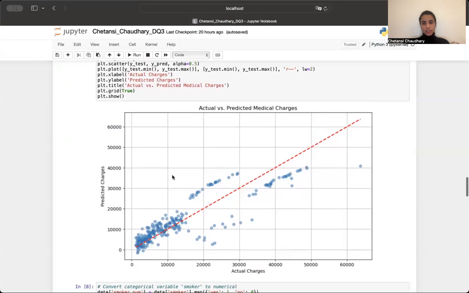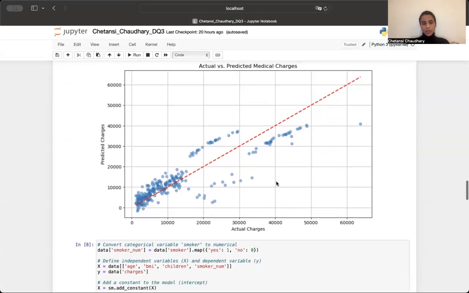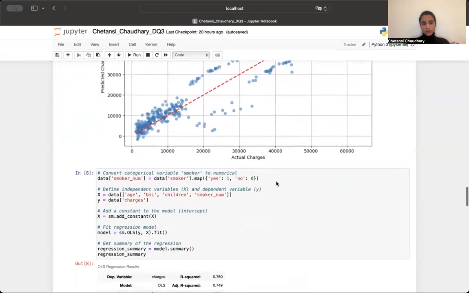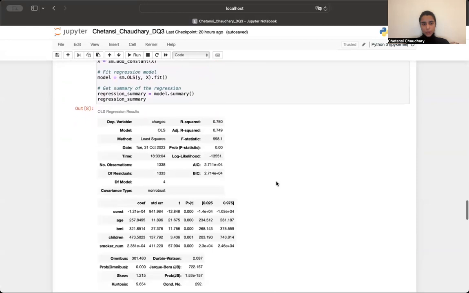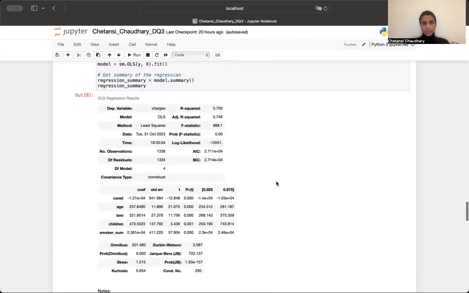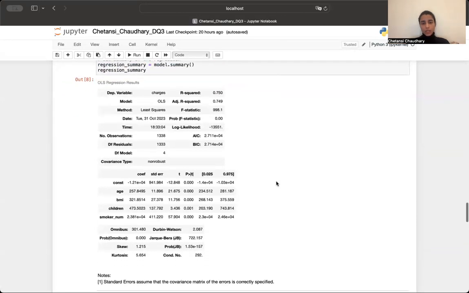We can see that they are close to the actual charges except for this one, but they are really close. These are somewhat far from the actual, but not way too far. Now, this is the OLS regression result we got from the analysis, that is our model.